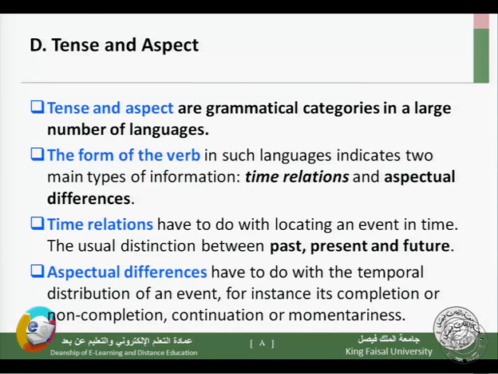Time relations have to do with locating an event in time. It means when did it happen? How often does it happen? When will it happen? In other words, locating an event in time, like past, present, and future.